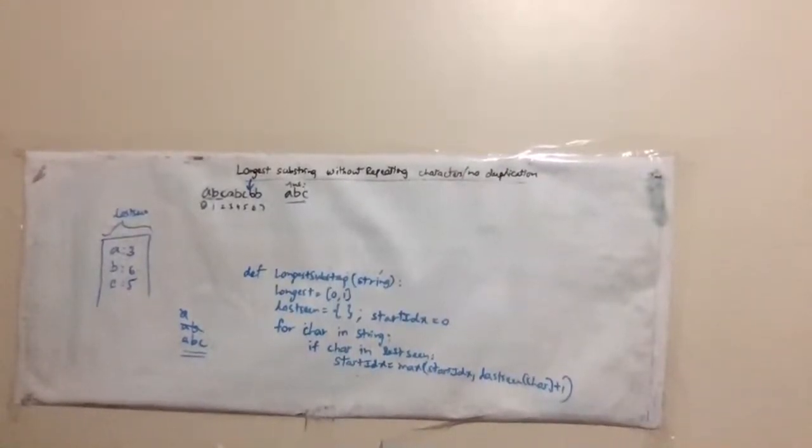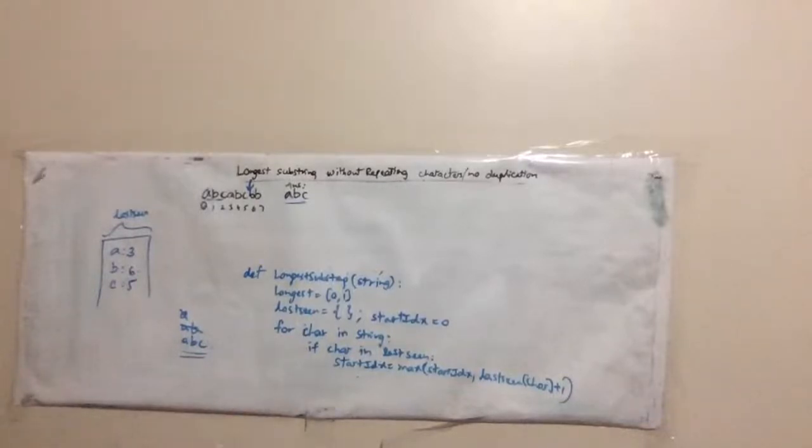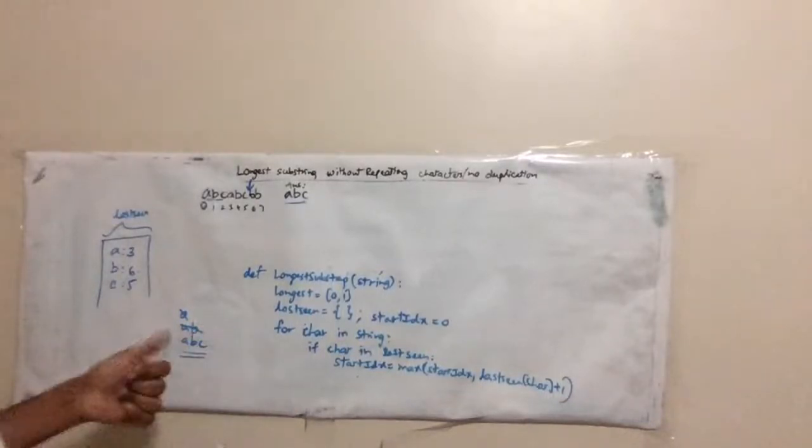While iterating, if the character is not present in the hash table, what we will do is we need to initially check this length, right?